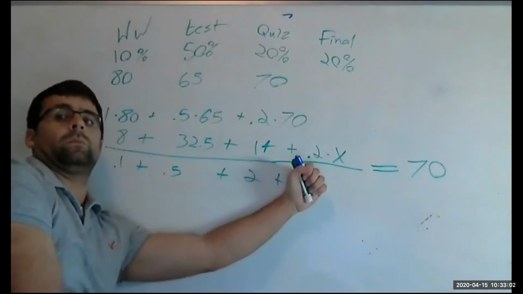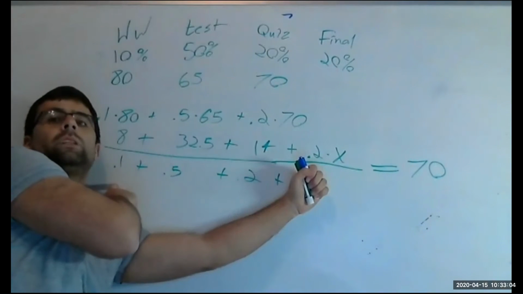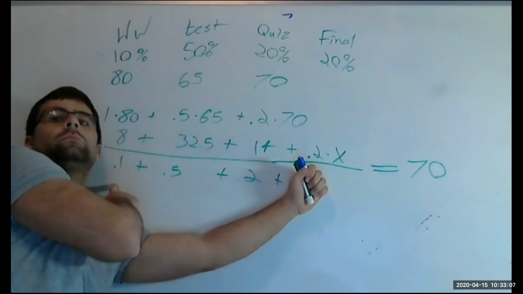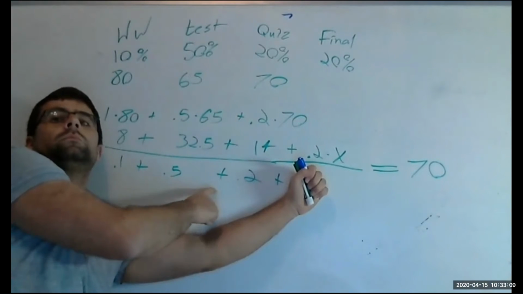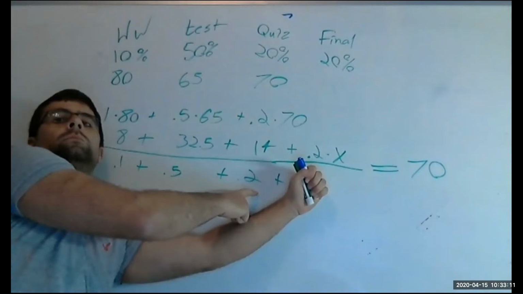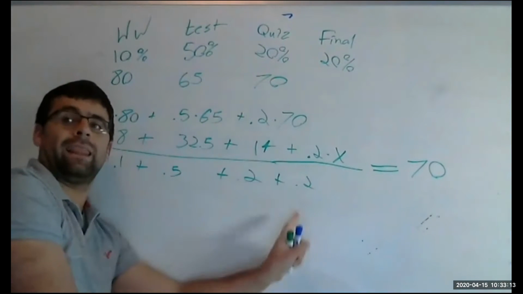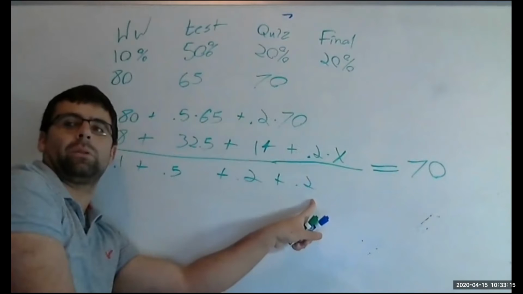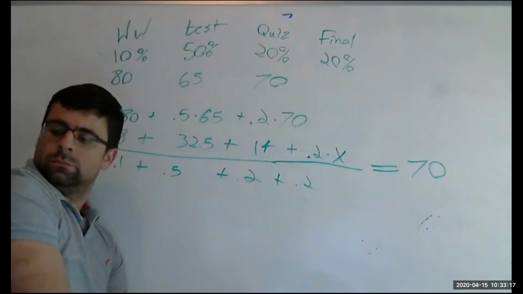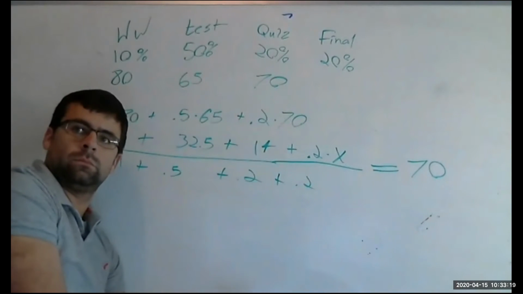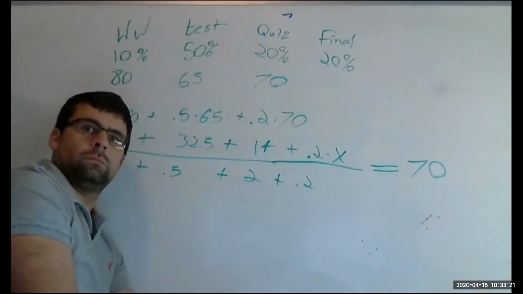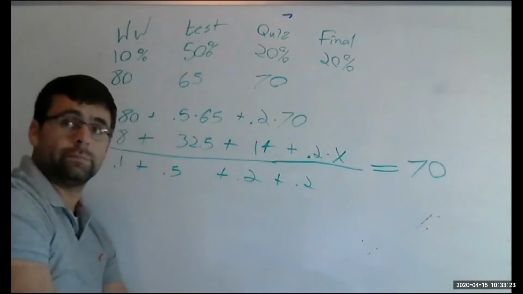When you added up all of these, it was what? 0.8. So we're adding that. So what is 0.8 plus that? Is it 1? It's 1, correct.